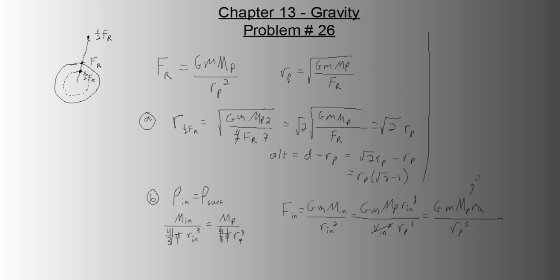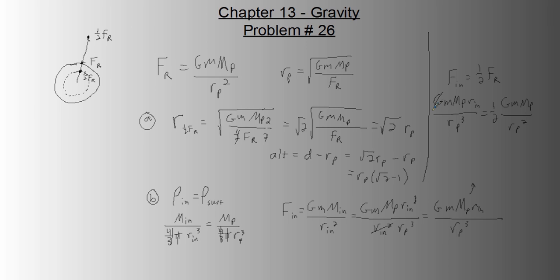Now we want the situation where the force inside is half the force at the surface. So force inside is this, we're just going to copy this result that we just got here, G M P r in over rp cubed equals 1/2 Fr, and for Fr we're just going to use this original value way over here, G M P over rp squared.